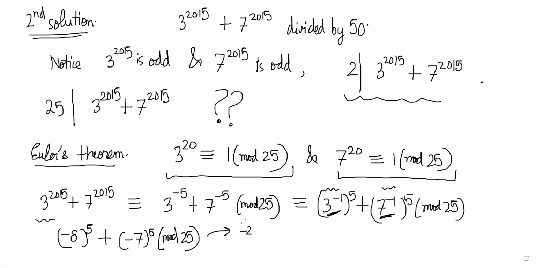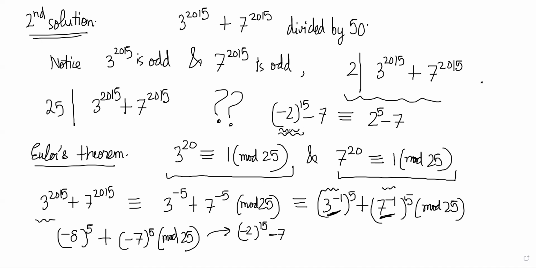So this is minus 2 power 15 minus 7 power 5. 7 power 4 is 2401, so that is 1 mod 25. So 7 power 5 would be simply minus 7. And what we are getting is minus 2 power 15 minus 7 mod 25, which is congruent to 2 power 5 minus 7.